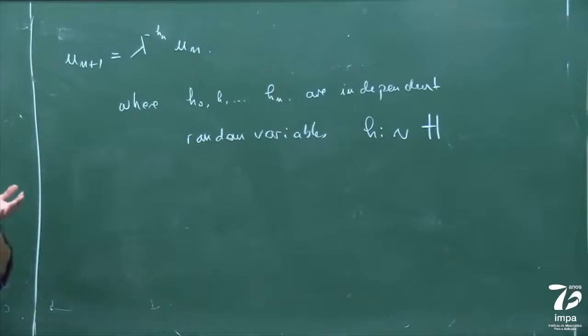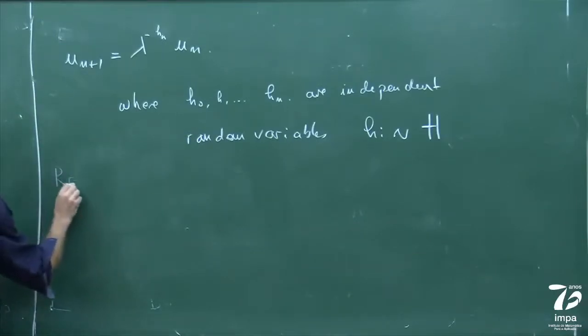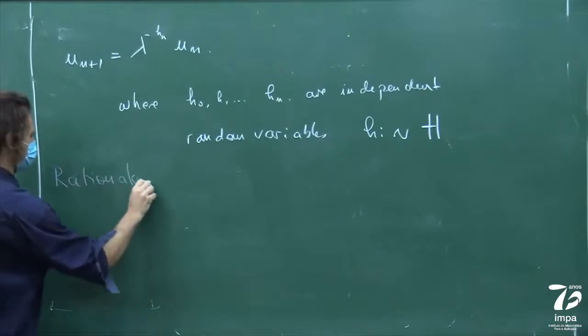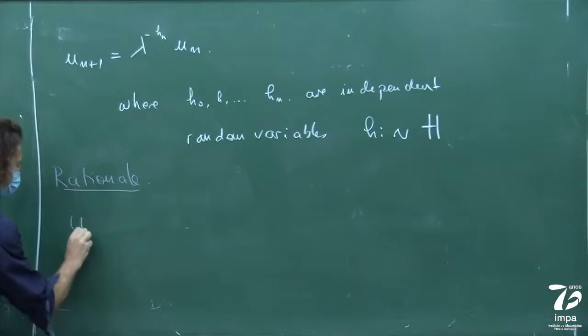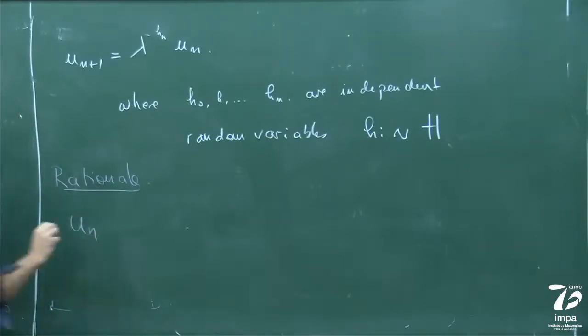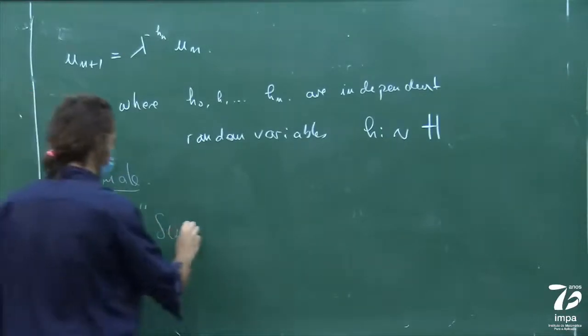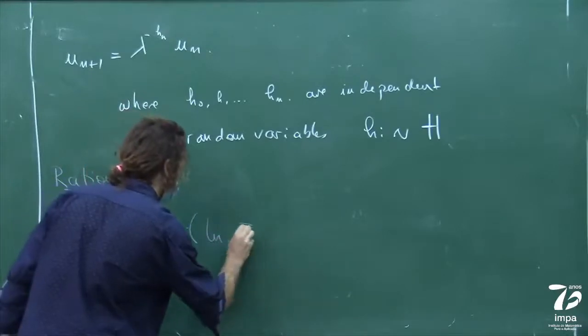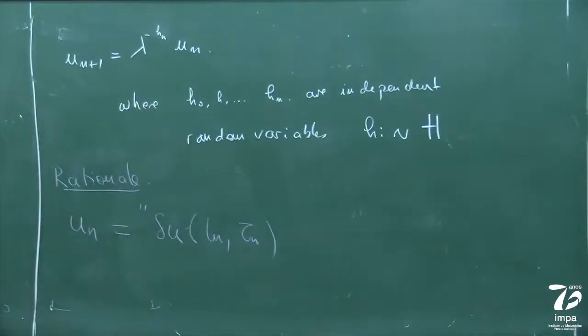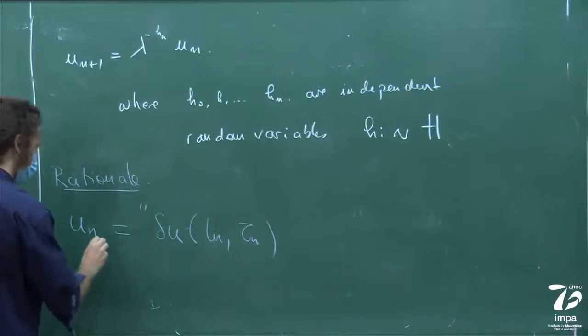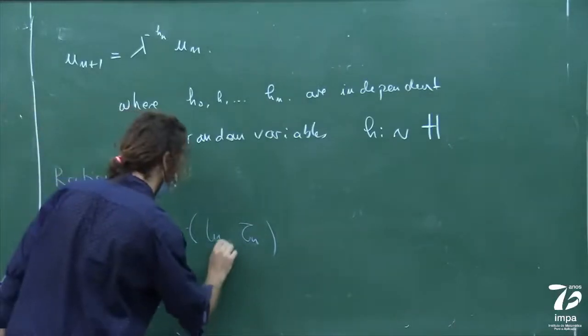And so the rationale behind this kind of dynamics is that it exactly reproduces the scaling symmetries. It is not a proof, it's just a motivational argument. So the rationale: you need to think of Un as a quantity which represents an increment at scale Ln and at time tau n. This is true also for n plus 1.